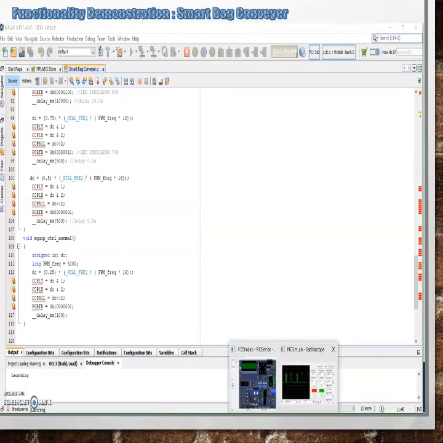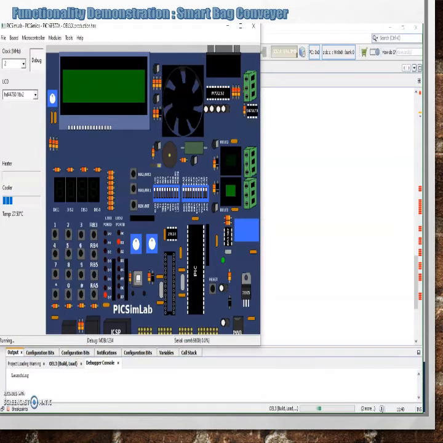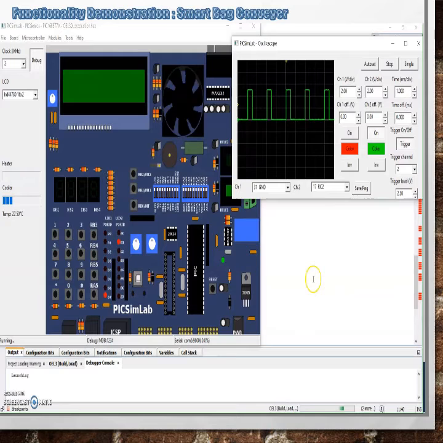We open the PSIM lab. Okay, now we can see our PSIM lab. We use PIC Genius and PIC 16F877A. Then we open our oscilloscope to monitor the pulse frequency.